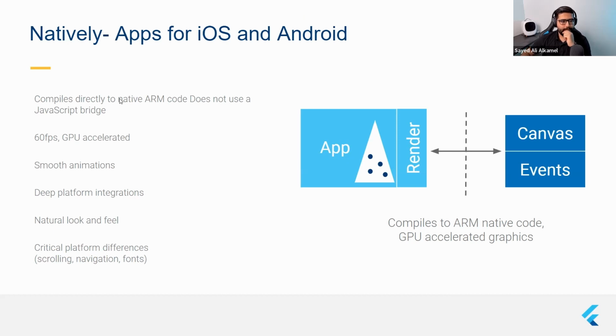One of the things mentioned also was the rendering engine. Flutter allows you to build applications with 60 FPS, 60 frames per second, which allows the application to have a more natural look and feel. It will be smooth. This is something you will be able to play around with.